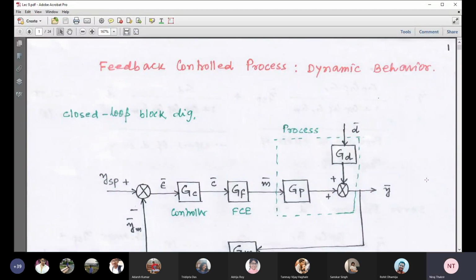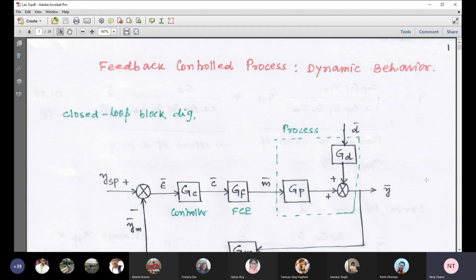This is our next topic. Previously we have discussed the process, particularly the open loop process. Next we have discussed the controller. Now we want to discuss by joining both of them, process plus controller, and investigate the dynamic response of this closed loop process.